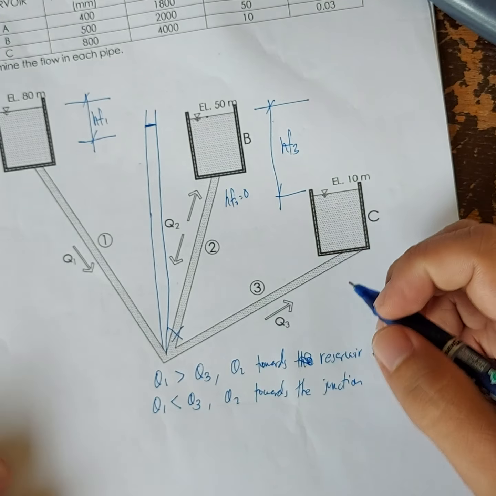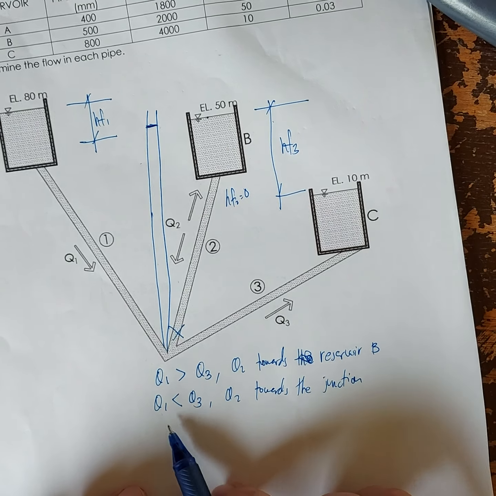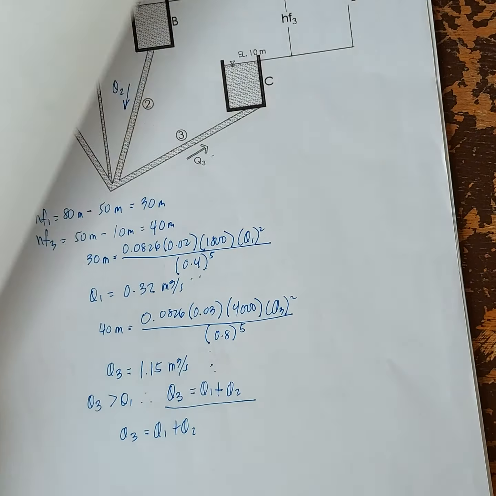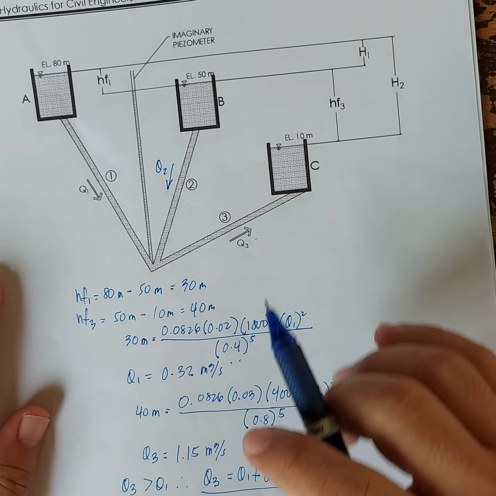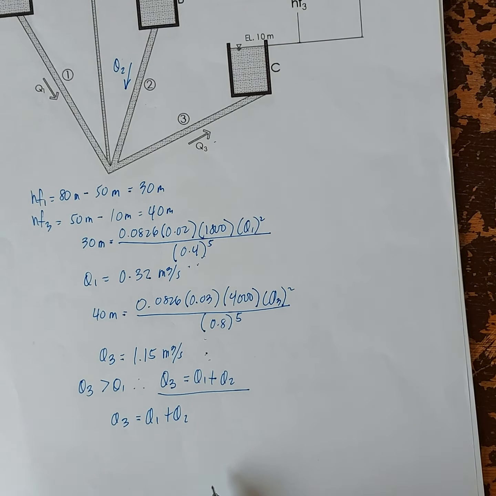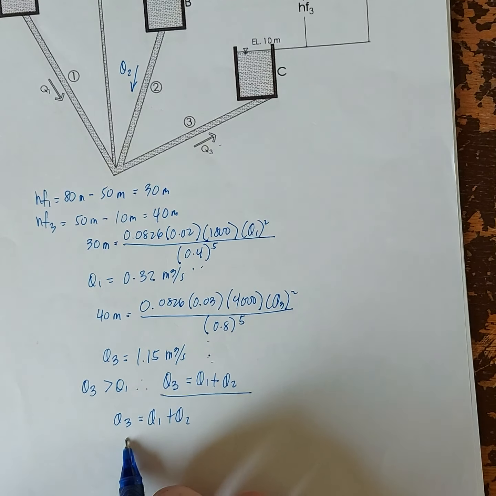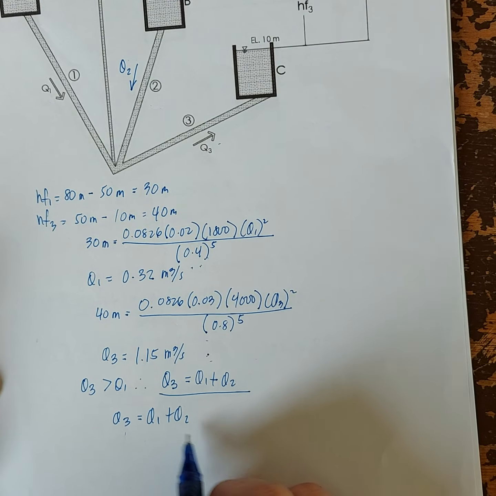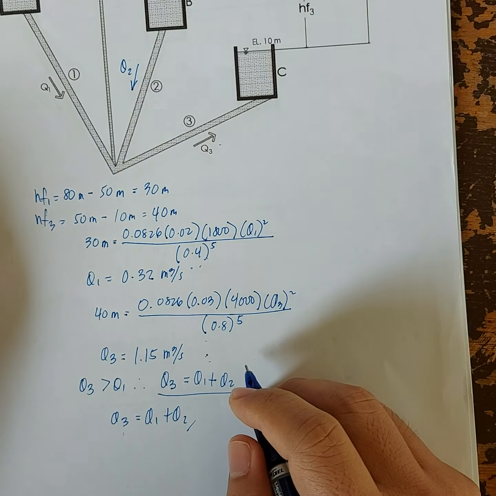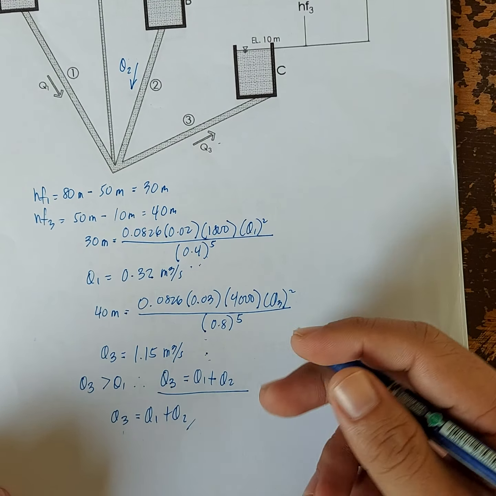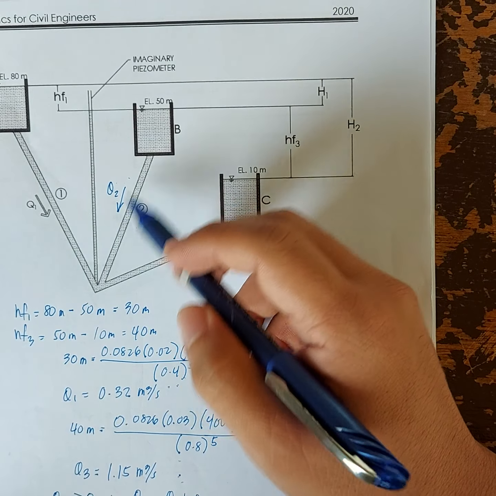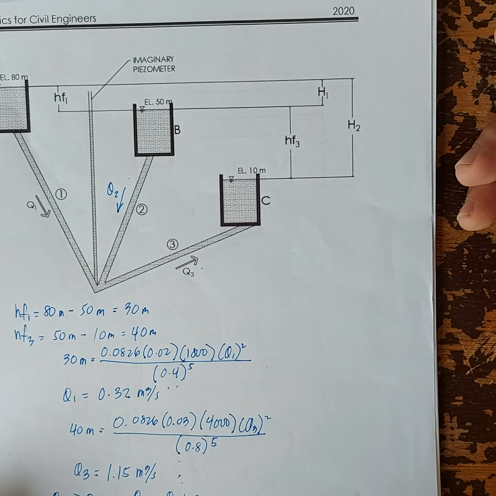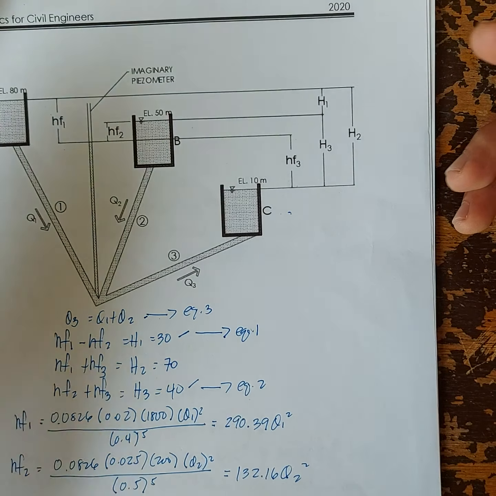Okay, so in this case, Q1 is less than Q3, so our equation of flow would be Q3 equals Q1 plus Q2. No? Okay, so that's the first step. So you're going to identify the direction of flow, the middle pipe or middle reservoir.